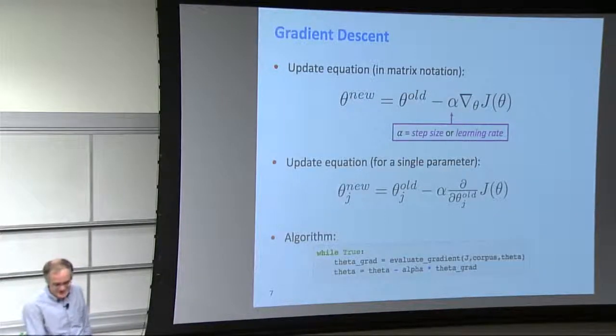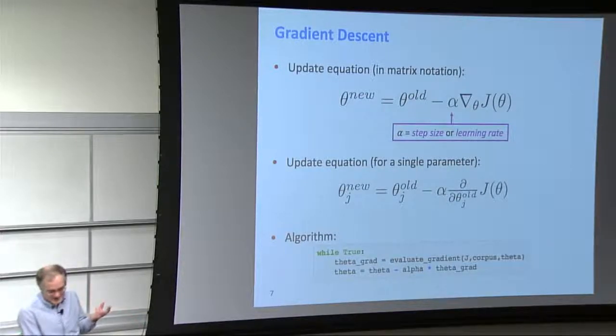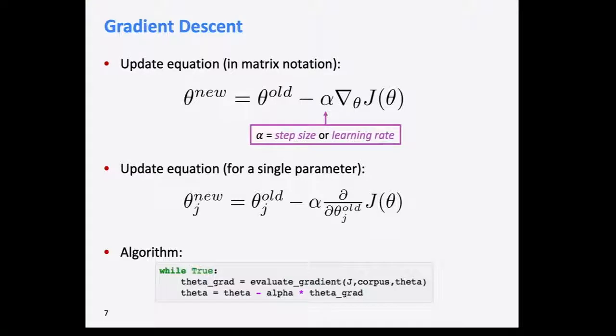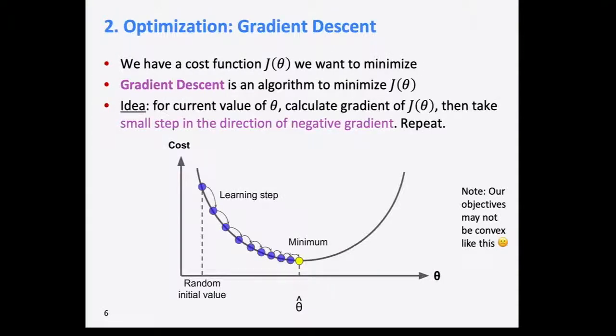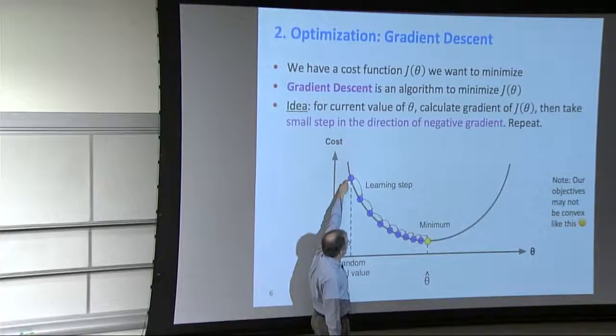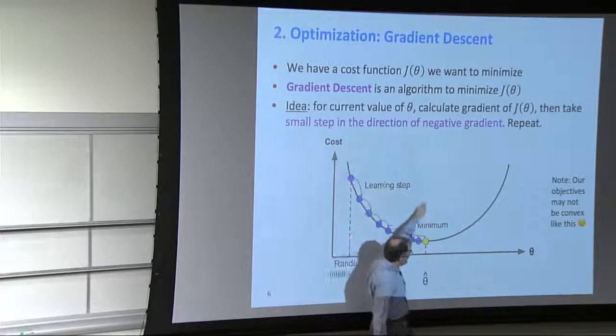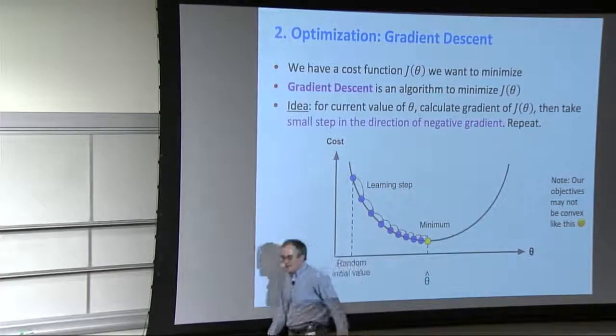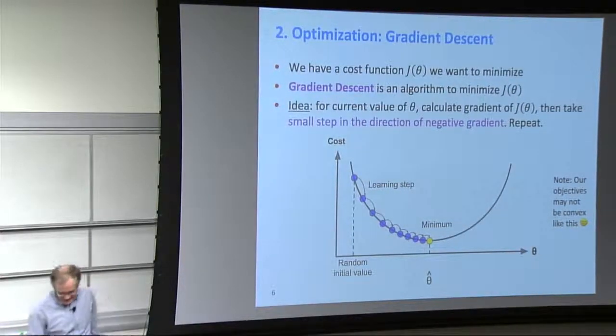Essentially, we've got the old parameters. We work out the gradient of the objective function using those old parameters. We multiply that by a small alpha, which is our step size or learning rate, because we only want to move a little bit each time. If back here we said downhill is this way and said, great, let's go a long way that way, you could completely overshoot. So we only want to go a little bit each time.